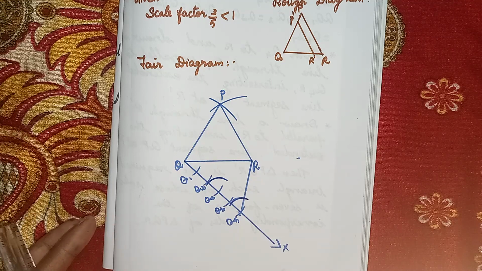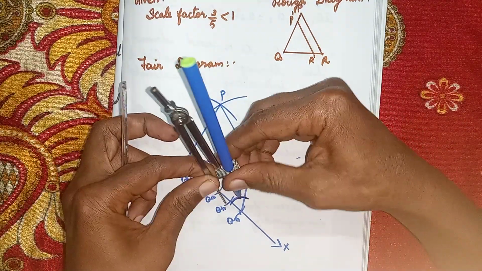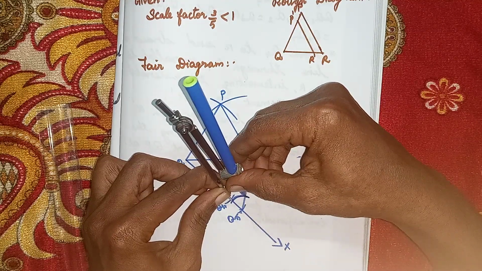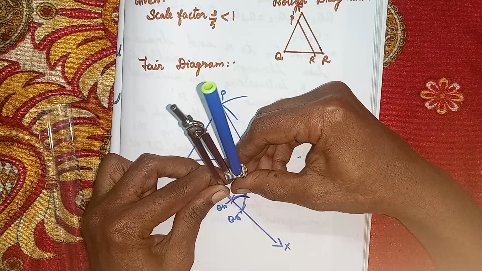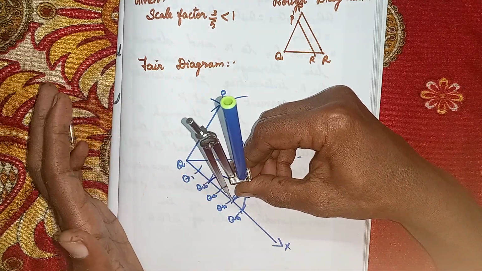Now students, look carefully. Now with this compass you have to measure this distance. Here, we cut this arc and this arc; this measurement, correctly you have to take it. These two measurements correctly you want to take.